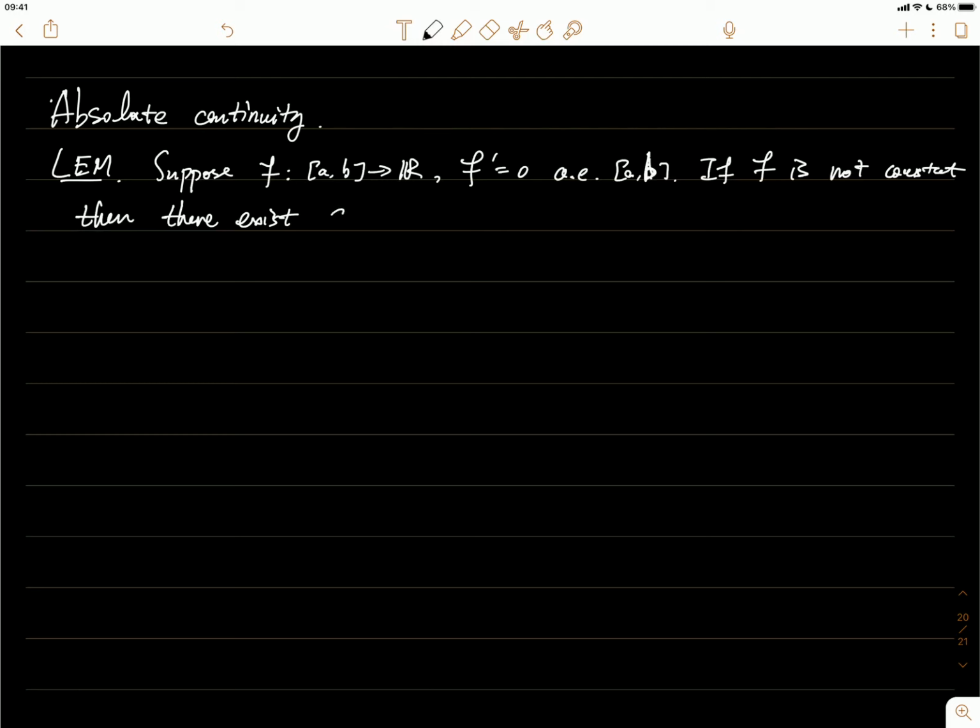Then there exists epsilon 0 such that for any delta greater than 0, there exists a finite number of mutually disjoint intervals.